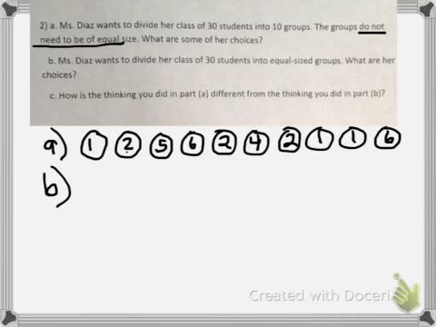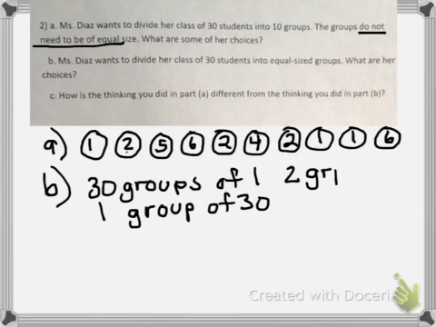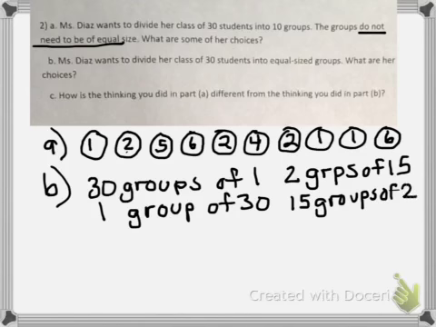So now she wants equal size groups, but it doesn't tell us how many groups she needs. So I could have 30 groups of one person in each group. I could have one group of 30. I could have 2 groups of 15. It could have 15 groups of 2.